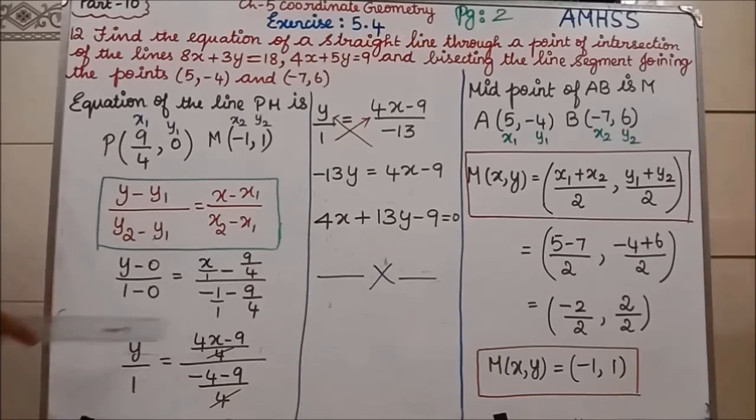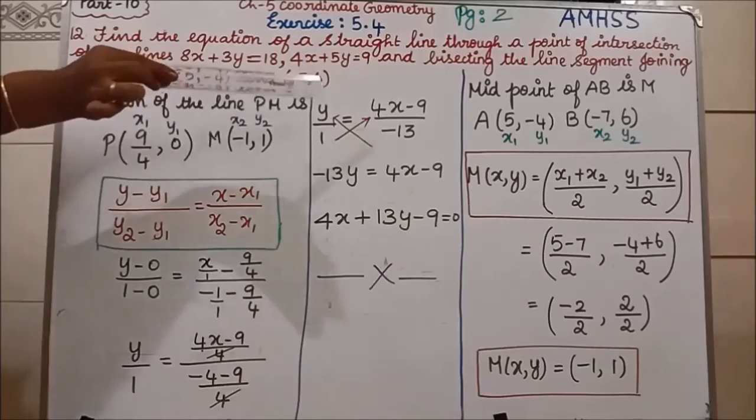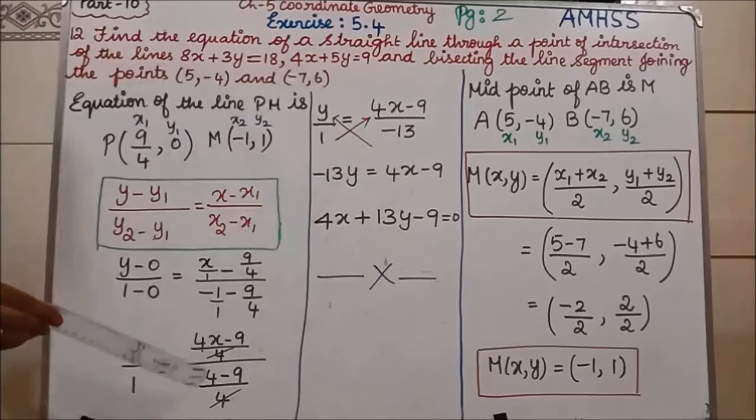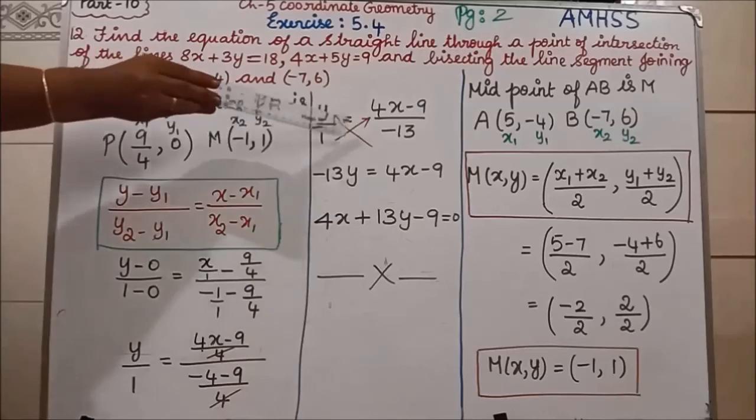So what is left in the numerator? 4x − 9. What is left in the denominator? −4 − 9. So here we have y/1 equal to (4x − 9) divided by (−4 − 9), which means what answer you will get? −13. That only I have written.